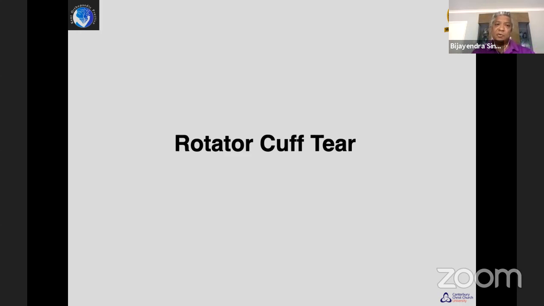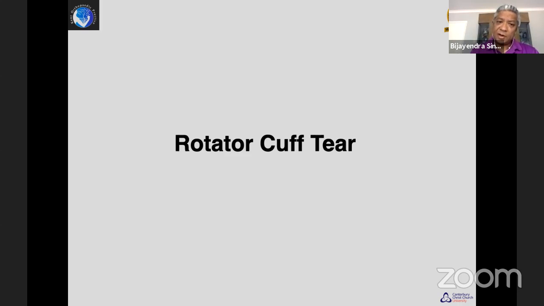Some groups do an in situ repair, especially of the articular surface tear. I personally come from the group where I believe that you should make the tear complete and then treat it like a full thickness tear.